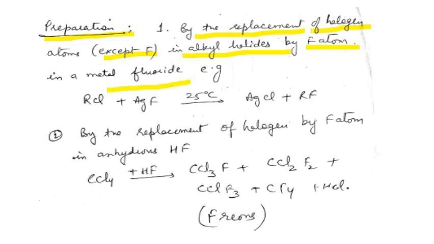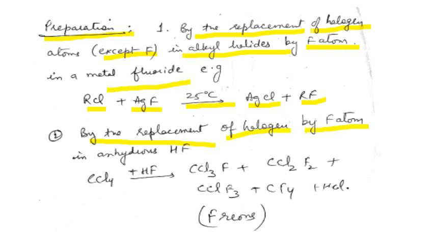Here the alkyl chloride, when reacted with silver fluoride at a temperature of 25 degrees centigrade, gives AgCl, a white precipitate, and alkyl fluoride, RF, a fluorohydrocarbon.